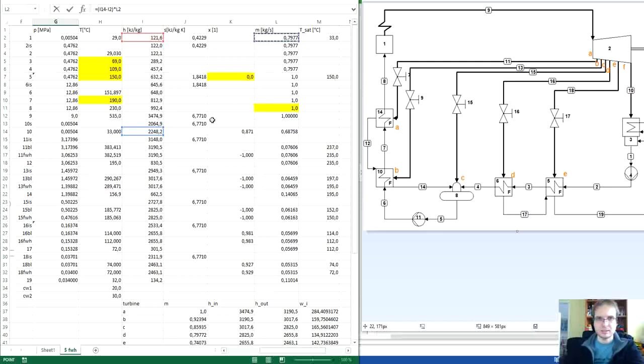And we have another rejected heat, which is the heat rejected from stream number 19. So we actually need to add difference of enthalpies H19 minus H1 multiplied by mass flow rate in the stream number 19.